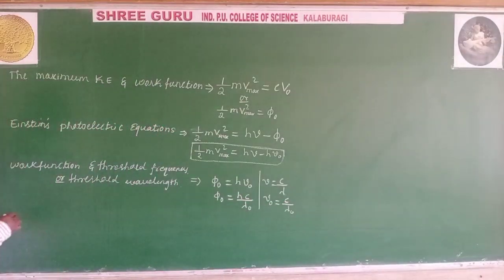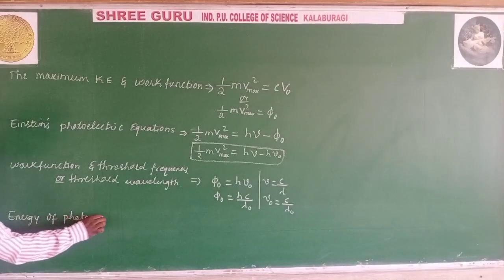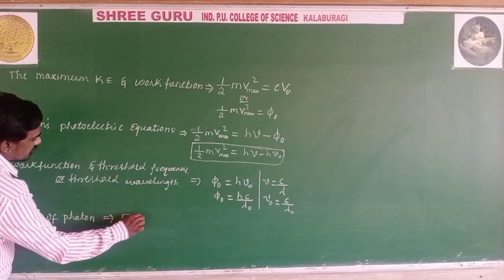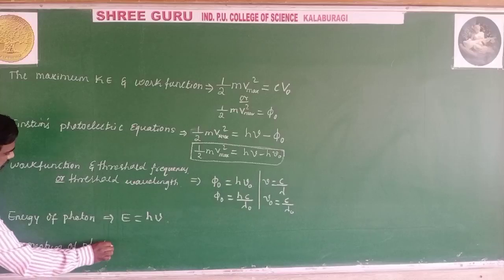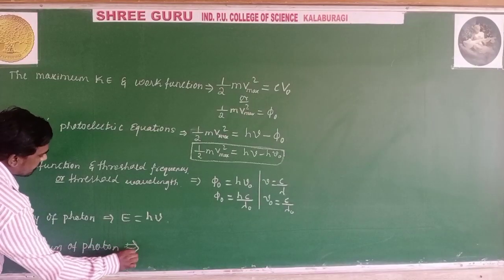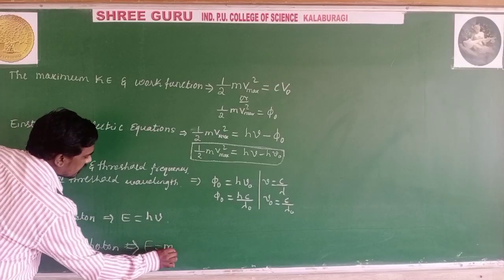Next is the fourth one, energy of a photon. E is equal to h nu. Energy of a photon is E equals h nu. And the momentum of a photon: we can consider the energy formula E is equal to mc square.